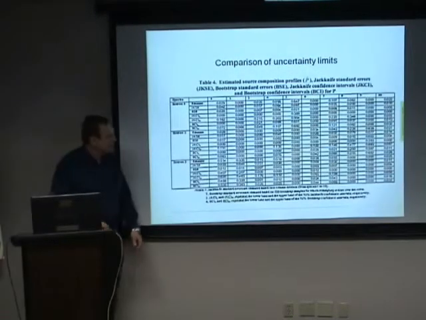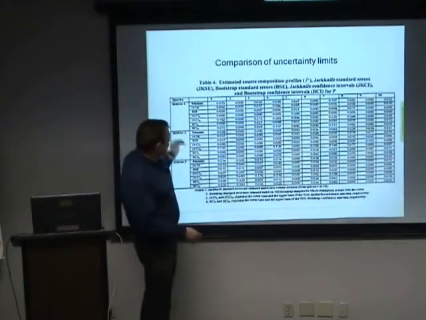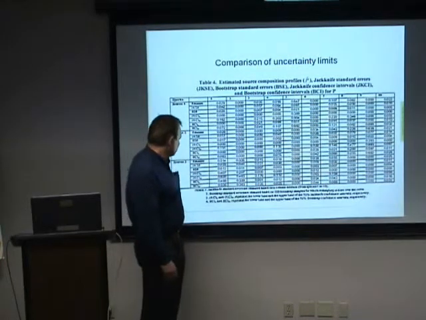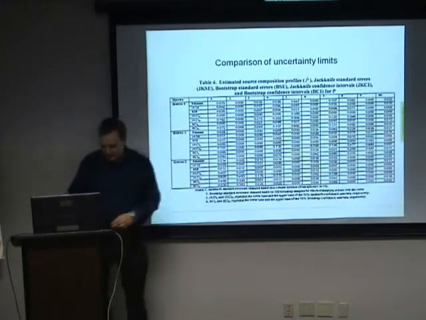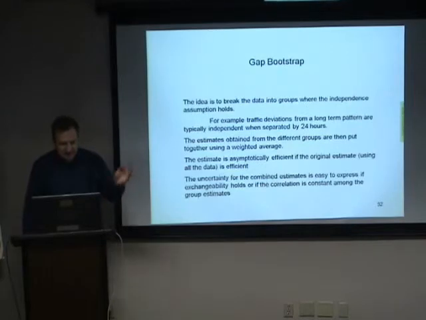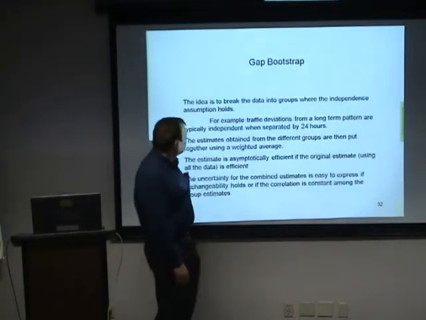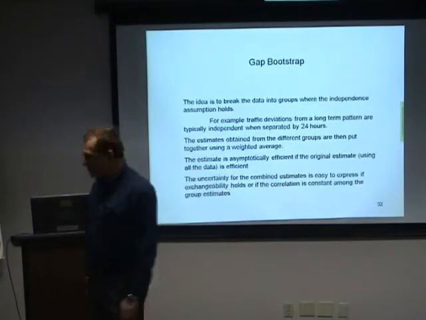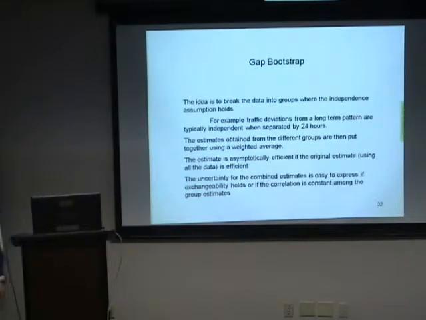All right, and so here's a comparison of the intervals, and you can see they're wider. You get wider intervals if you use the Jackknife, yeah, with the column Jackknife. All right, so here we go to the Gap Bootstrap. The idea is to break the data into groups where the ordinary Bootstrap can be applied. So you actually have to know something about the construction.